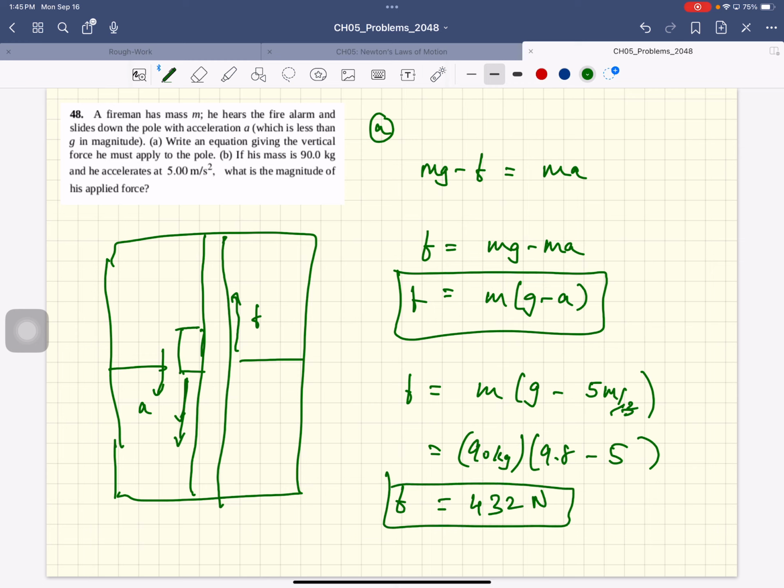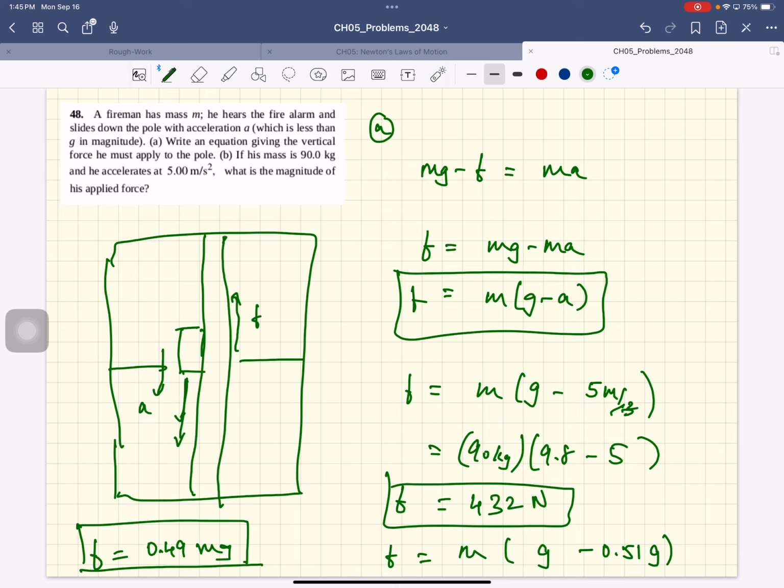Now that's less meaningful than this way: mass times 9.8, g. We'll convert this to g: 5 divided by 9.8 times g. So the friction force is half the person's weight.